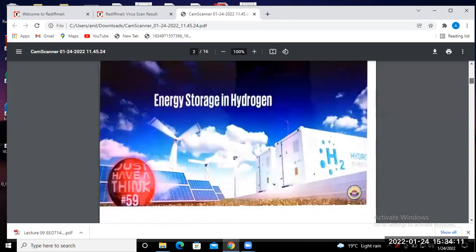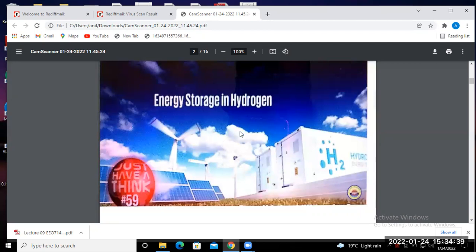So you may find the energy storage in hydrogen, which is represented by H2. And we can find it in sunlight.